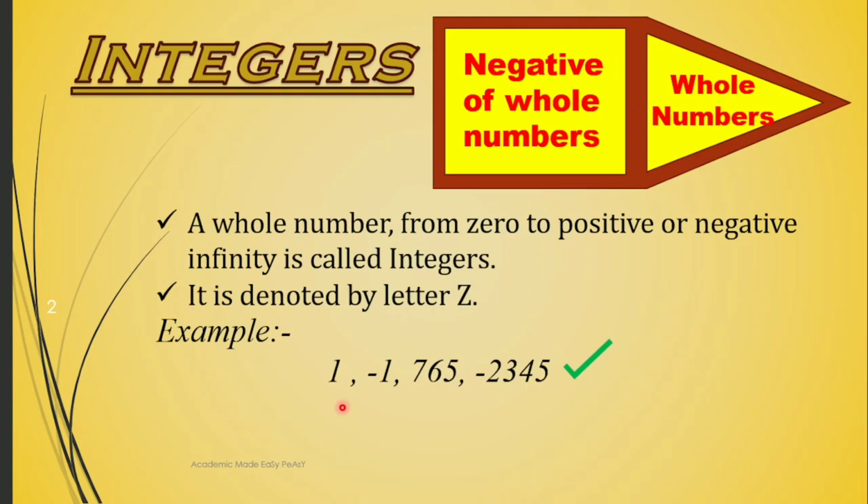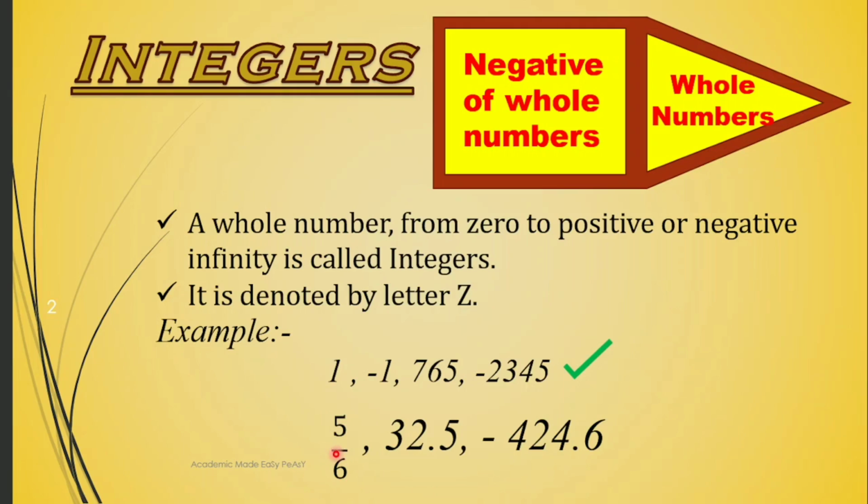Now let us see another example. I have here 5 by 6, 32.5, and minus 424.6. You may ask, there is no sign over here, so why can't I call them integers? Because, as I said, you have to underline the words whole number. Are these whole numbers?